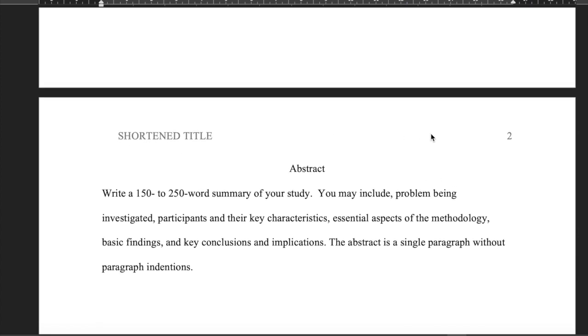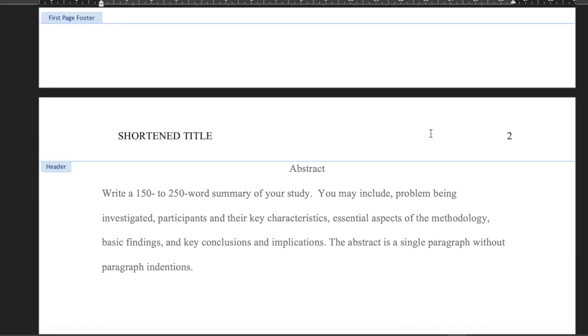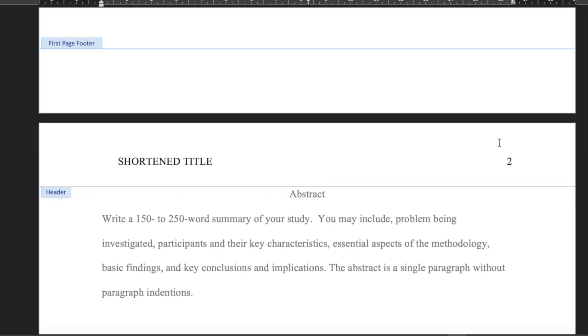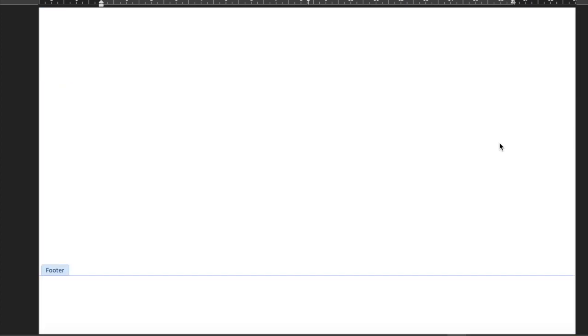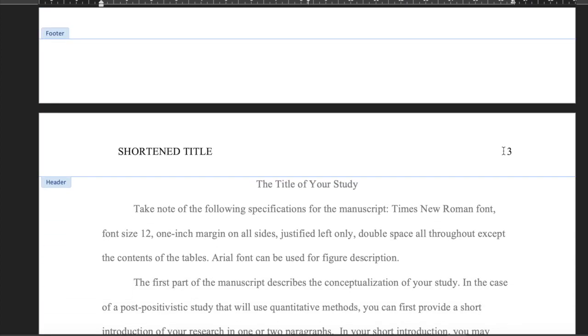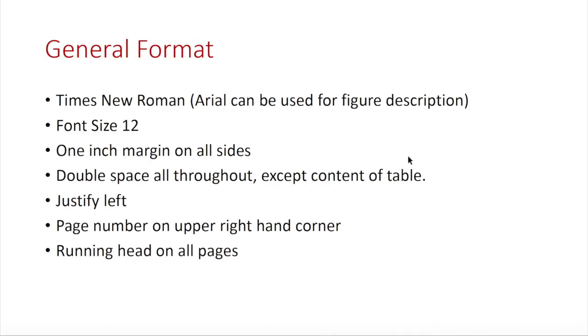So I've set this as a header, so that every page of your manuscript would have your running head and your page number. So those are the general look of what an APA formatted manuscript looks like.